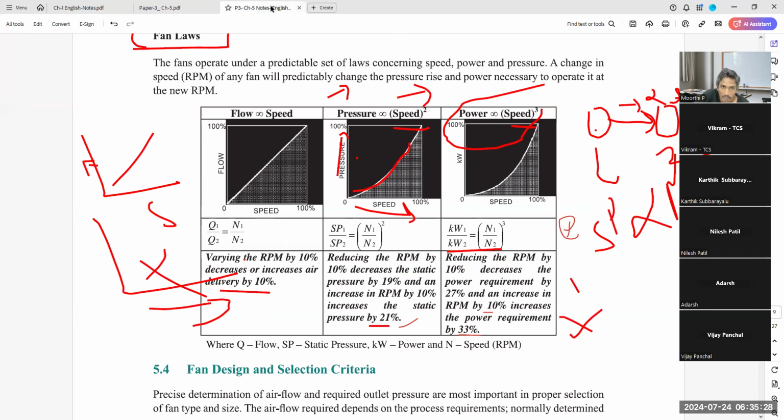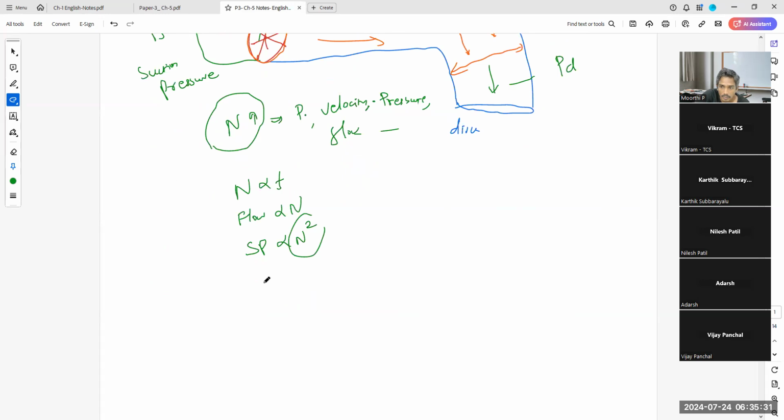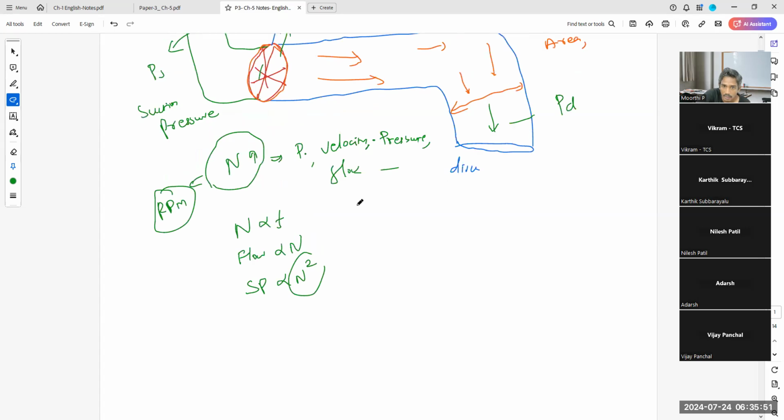Always remember. What is N, sir? N means speed. N means RPM, revolutions per minute. Motor N speed. SP, fan speed. SP means static pressure.